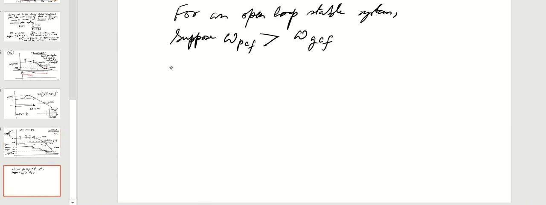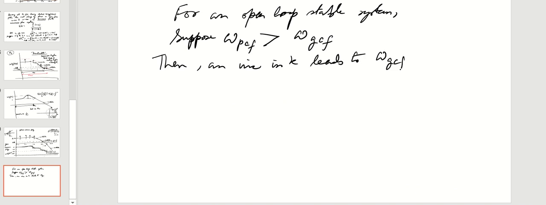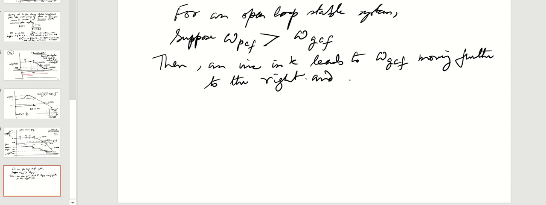You can see from the Bode plot that an increase in K leads to omega GCF moving further to the right and coming closer to omega PCF.